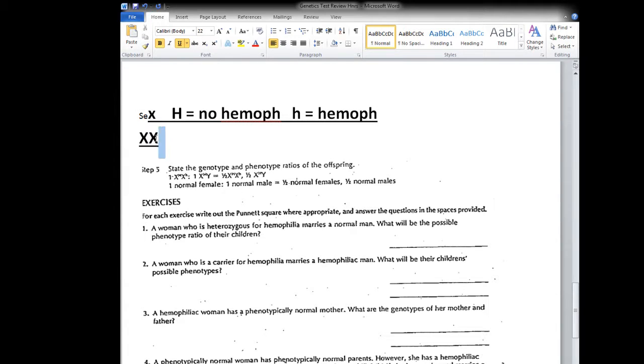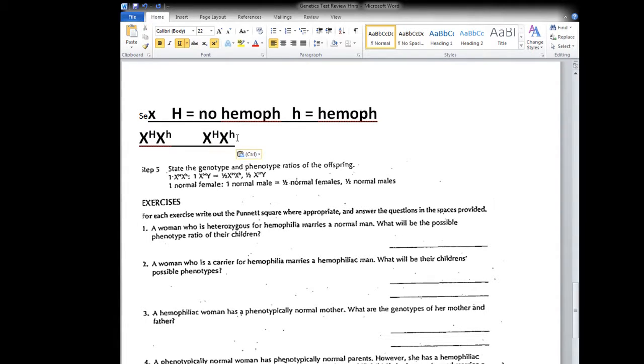So once you have, okay, it's a woman, now you figure out your H's. She's heterozygous, which means mixed letters. So big H, little h. It's not superscript, but this is what it normally would look like. And then you have a male, so the woman is heterozygous, marries a normal man.